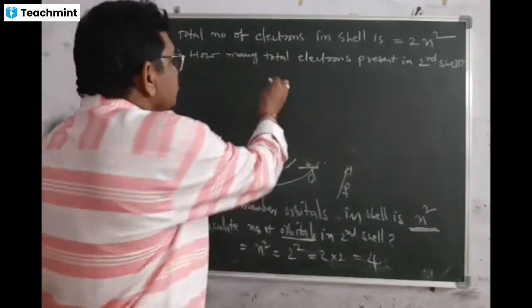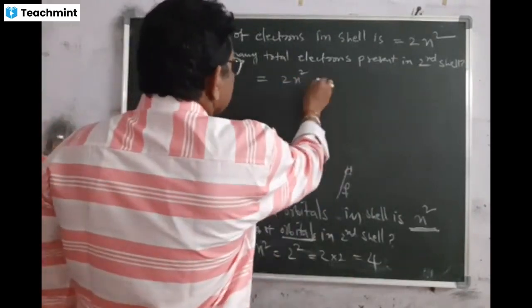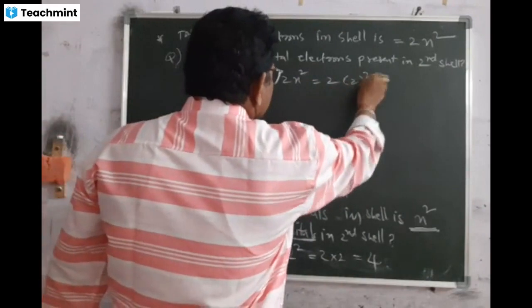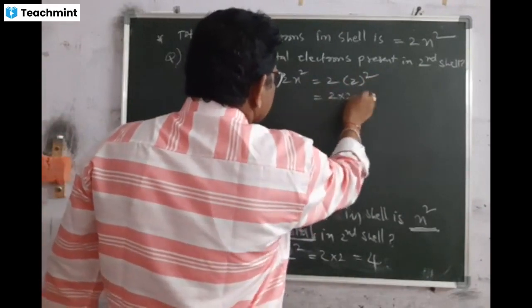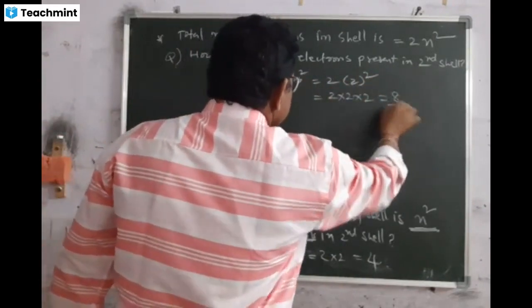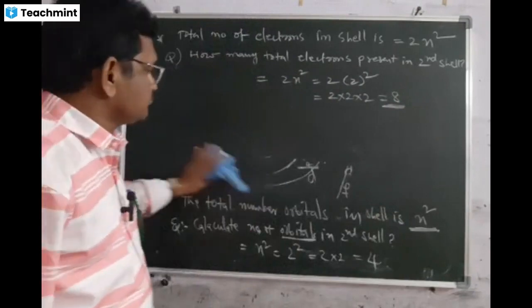Here we use the formula 2n square. 2 into 2 square, that is equal to 2 into 2 into 2. That means 8 electrons.